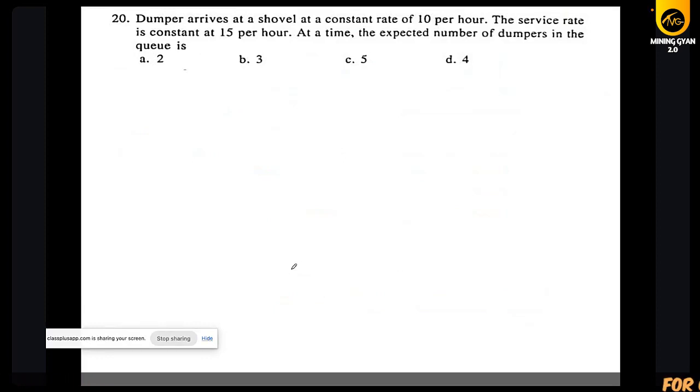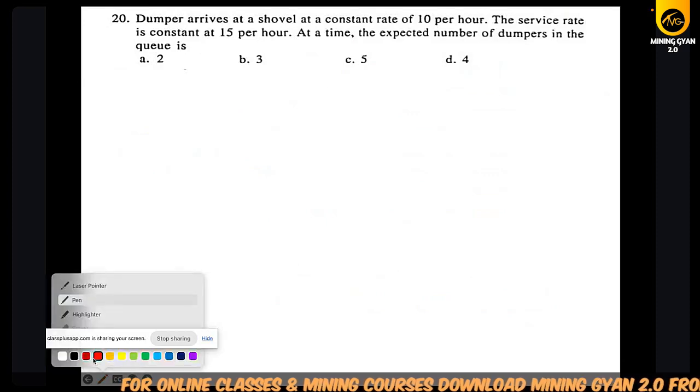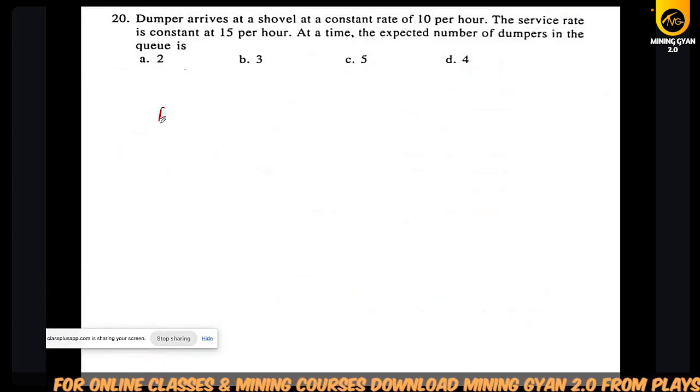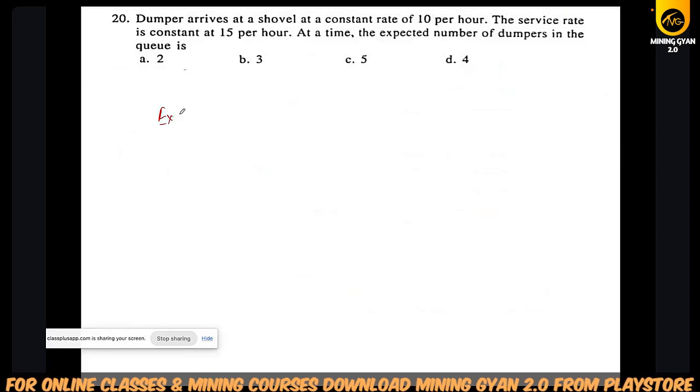Please try to solve question number 20. This type of question we had not discussed in AK Gorai, so I will give you a brief idea. The expected number of dumpers in the queue: if you want to find it out, there is a formula, and you should remember it.